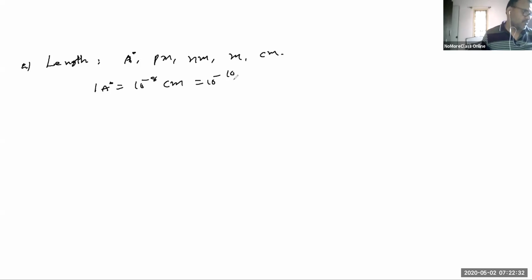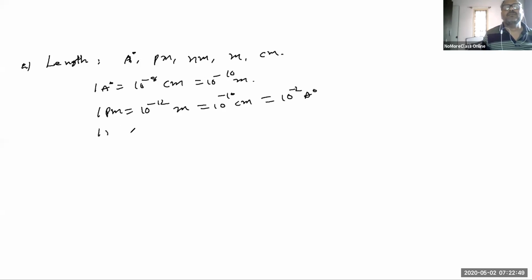Next, 1 picometer is equal to 10 power minus 12 meter, or 10 power minus 10 centimeter, or it is 10 power minus 2 angstroms, right? 1 nanometer is equal to 10 power minus 9 meter, or 10 power minus 7 centimeters, or it is 10 angstroms also, right?